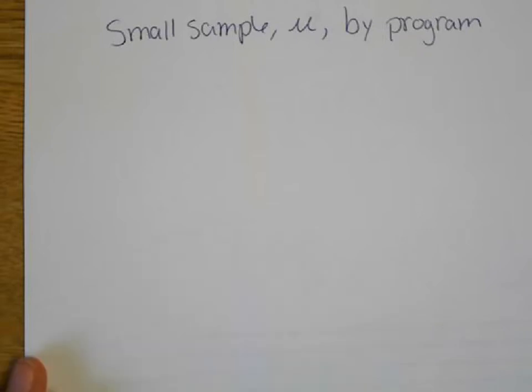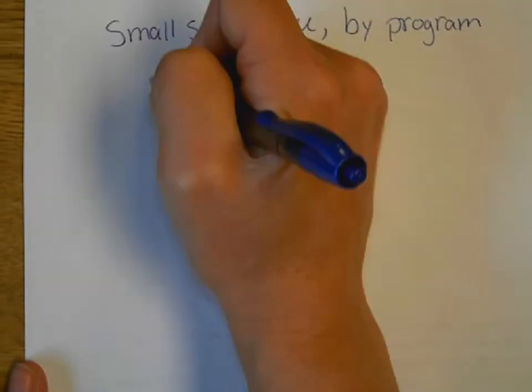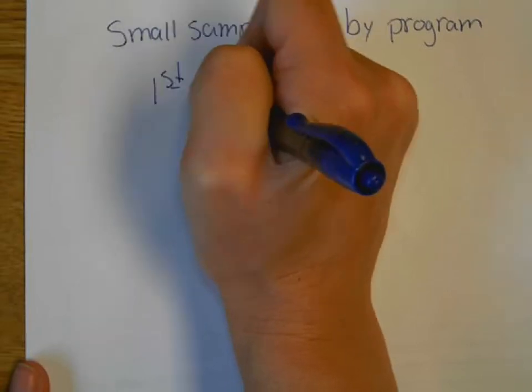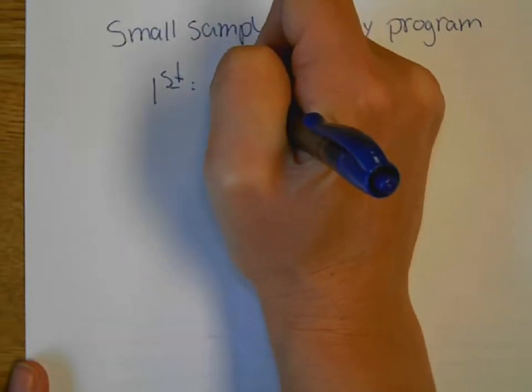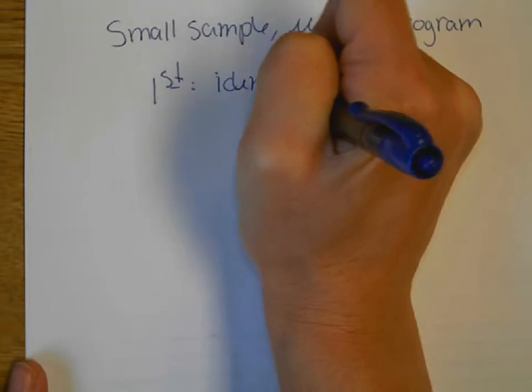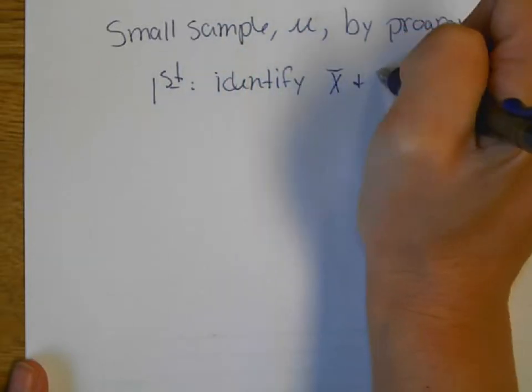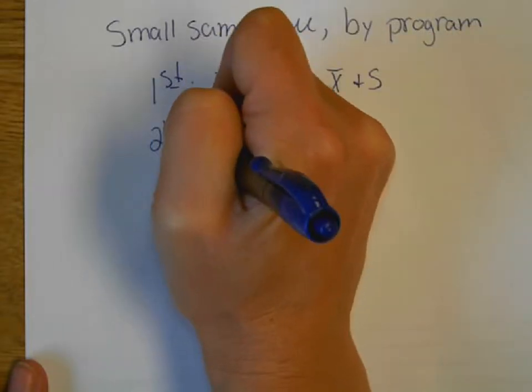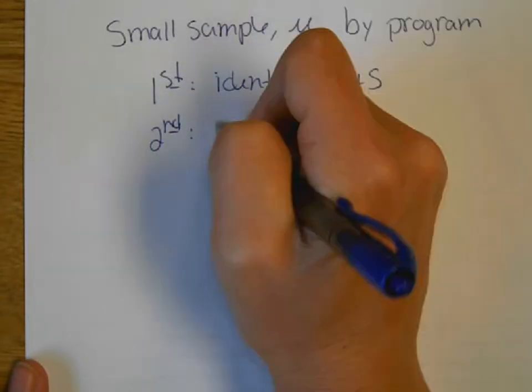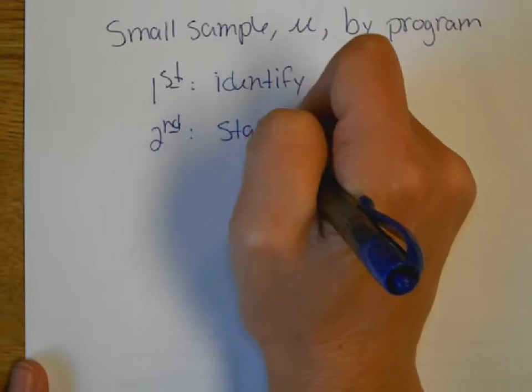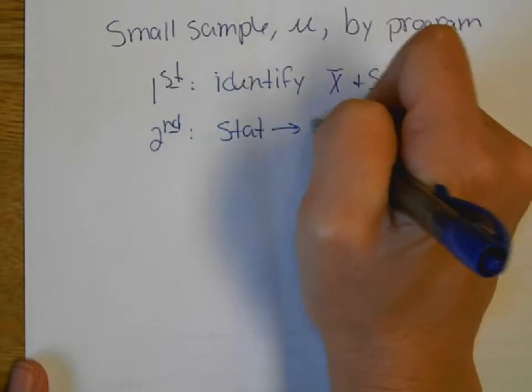But anyway, the program is called... Well, first of all, again, you still have to identify x bar and s, and then the program is under stat, over to tests.